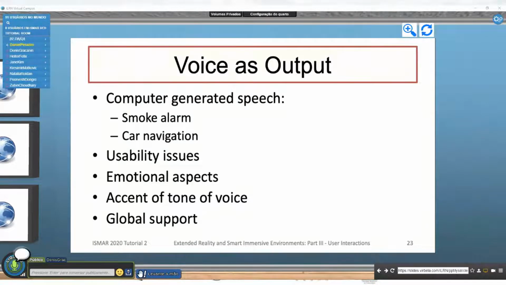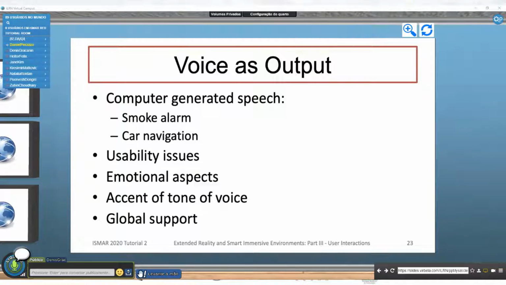Voice as output provides a way to directly communicate to the user, providing instructions when it comes to, let's say, a smoke alarm with some pre-recorded messages, or car navigation, GPS, giving us directions or information on where to turn. That can be fairly useful, but there are still some usability issues, such as choice of tone of voice, support for different languages, and also emotional aspects.